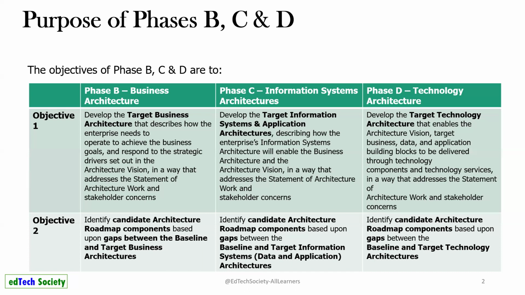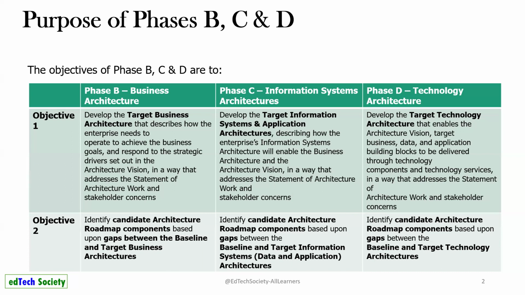And why have we taken this combined approach? Because during phase B, C, and D, the tasks, the activities, the input parameters, the output, and a lot of things are pretty common. They are a bit different from a business architecture perspective.